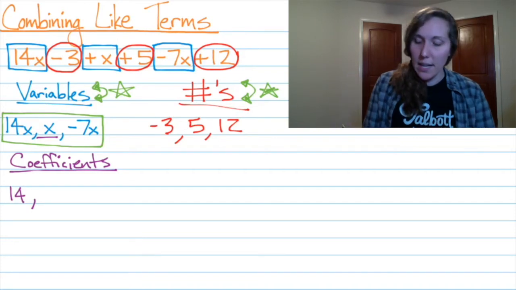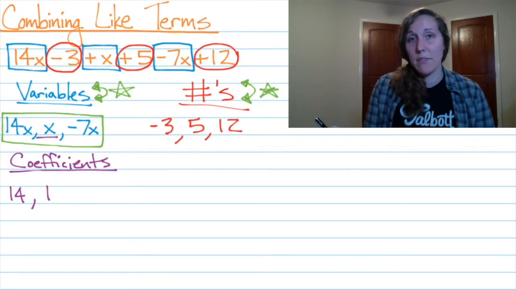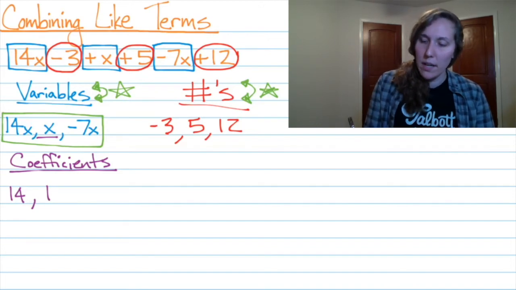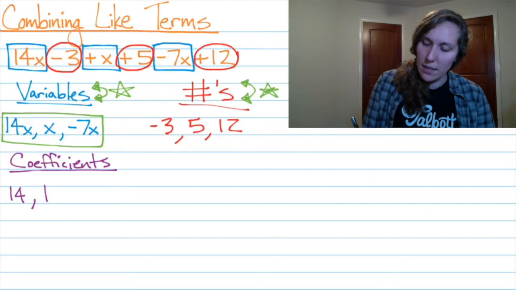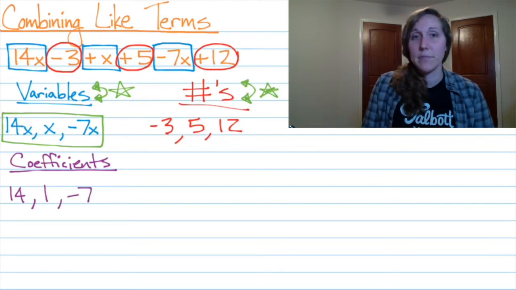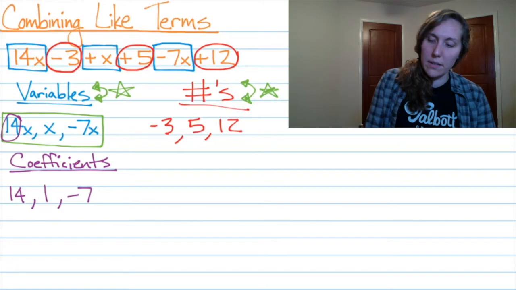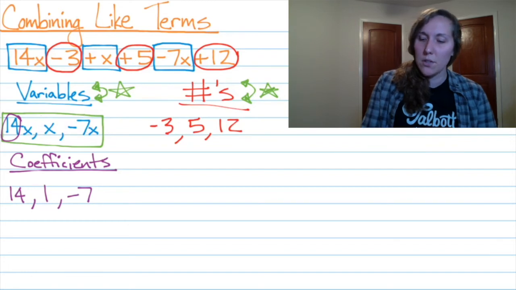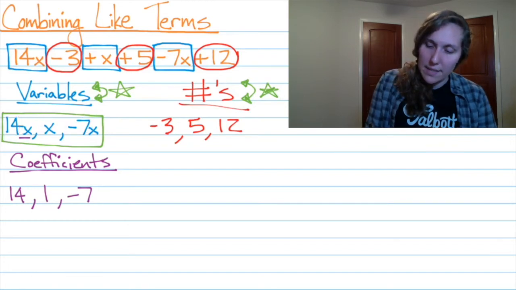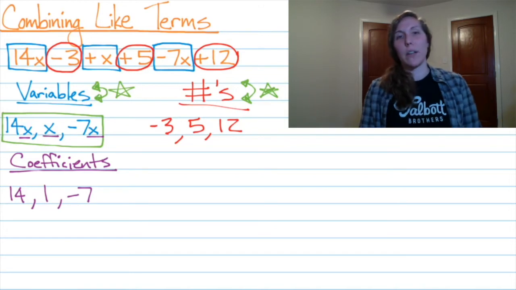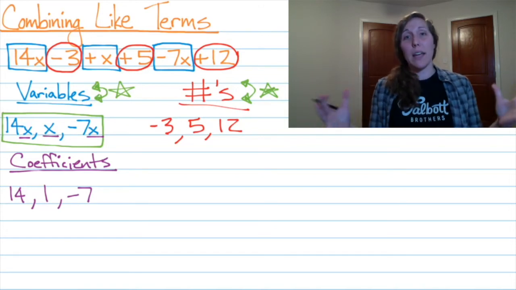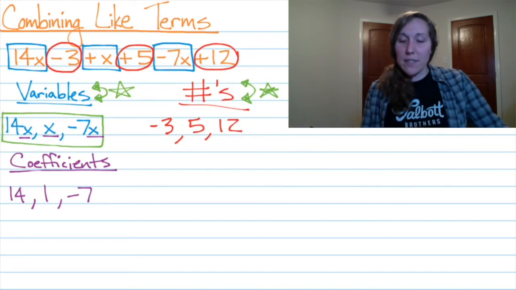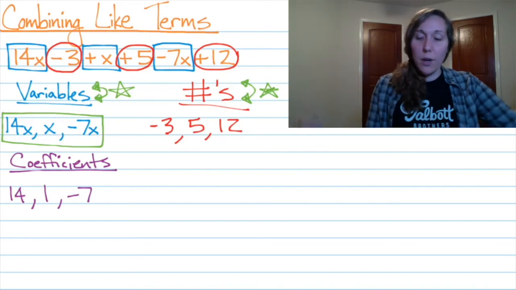It's always 1. If there's nothing in front of the variable, it's always a +1. And what's the one in front of this one here? It is -7. So it's literally just saying what is the number in front of your variable. So when they all have the same variable ending, and they have to have the same variable ending in order for us to be able to combine them, then we just add their coefficients together.